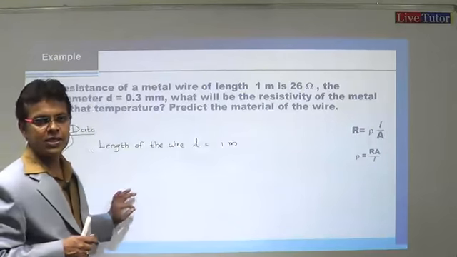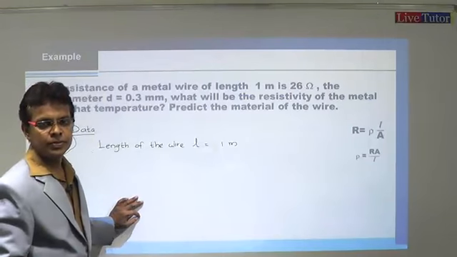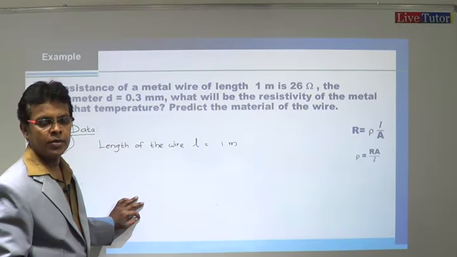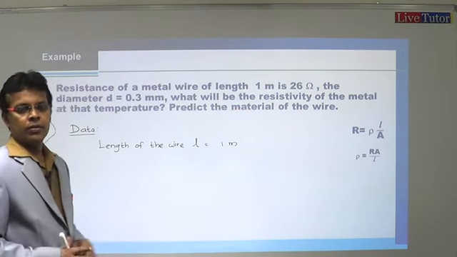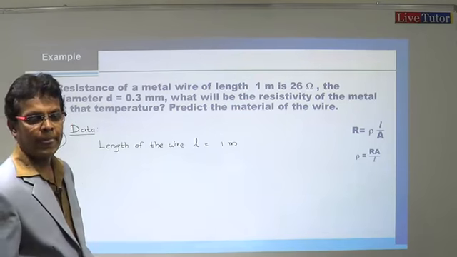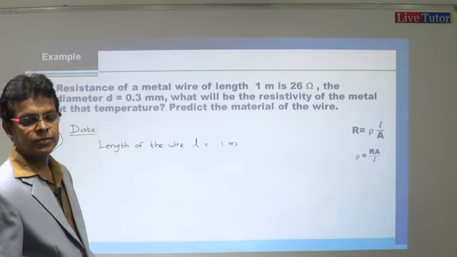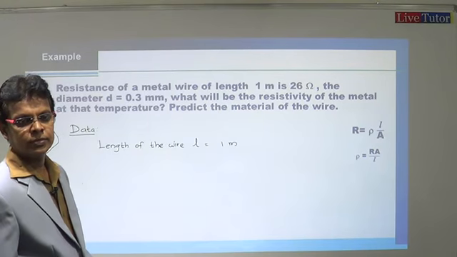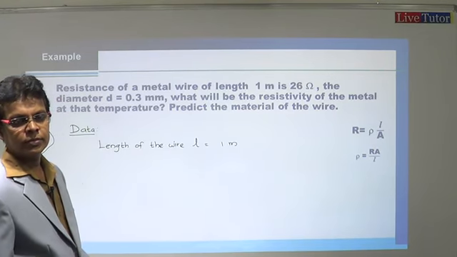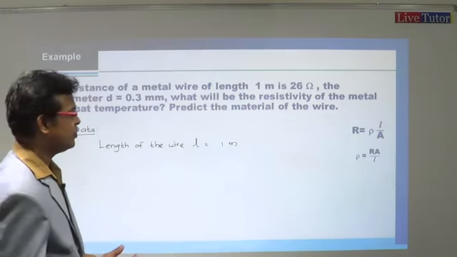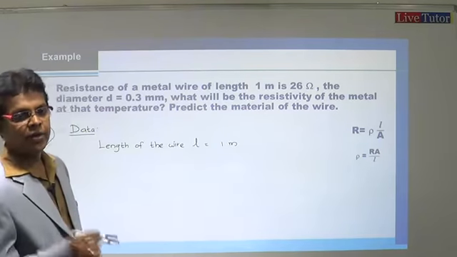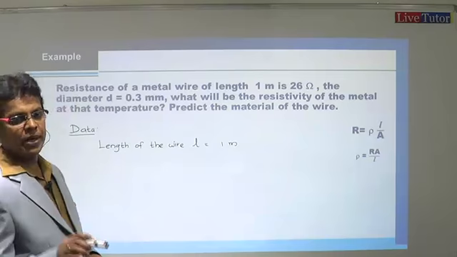Suppose if it is 96 centimeters, what will you do? Yeah, it is 0.96 meter. We have to divide by 100 or multiply by 10 power minus 2 meter.